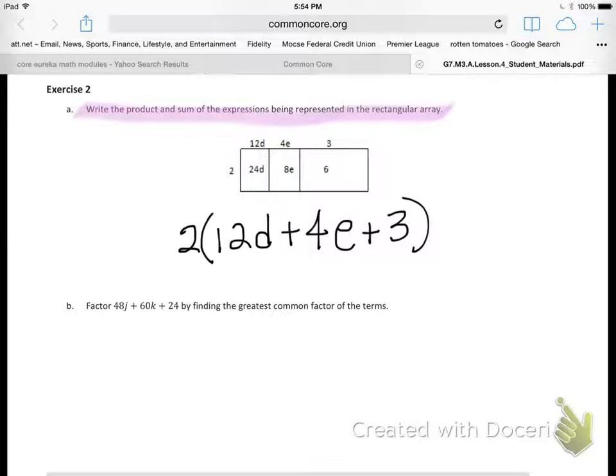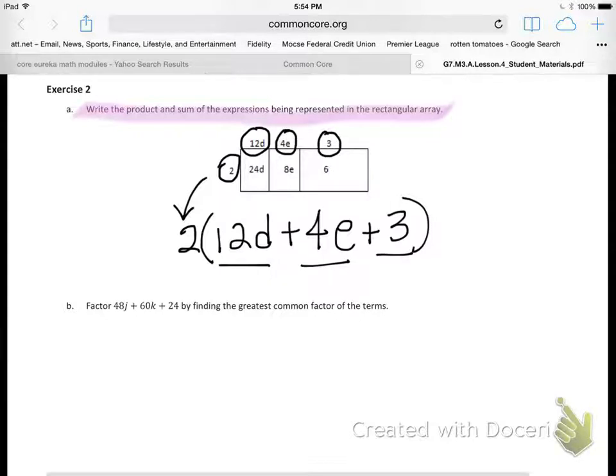Okay, so here is the product and sum of the expressions being represented in the rectangular array. So we have our 2. That's our width representation, and that's going to go here. And then inside we are going to have our length representations, which are 12D, 4E, and 3.